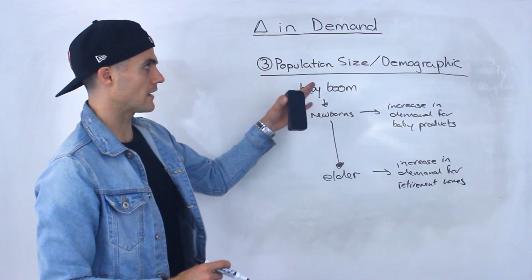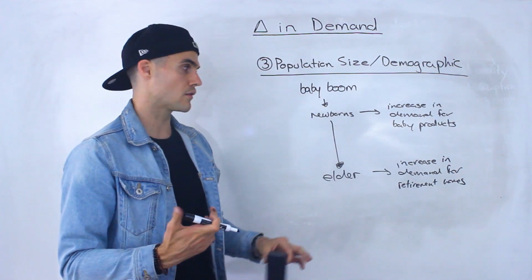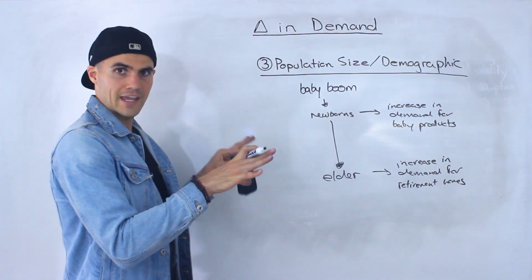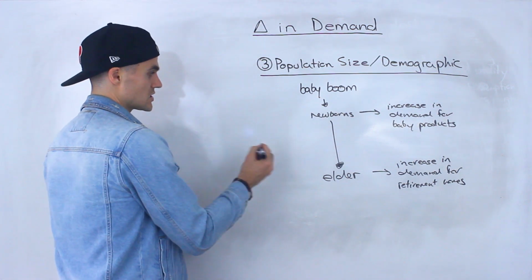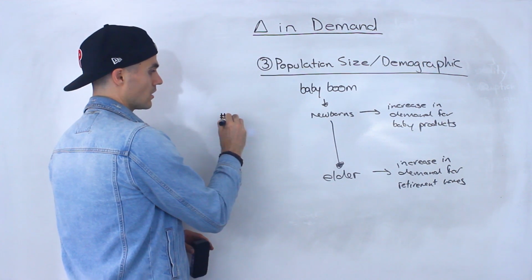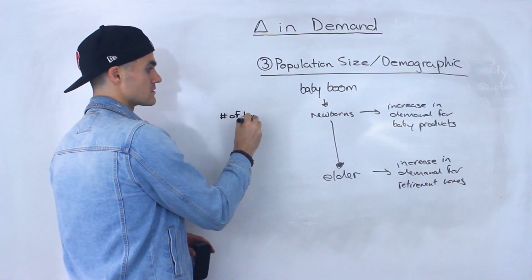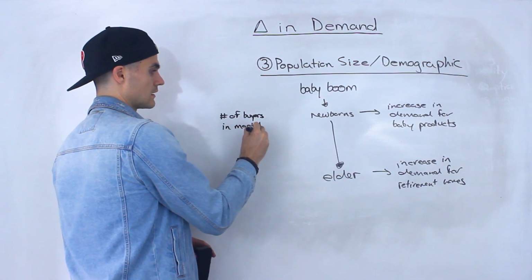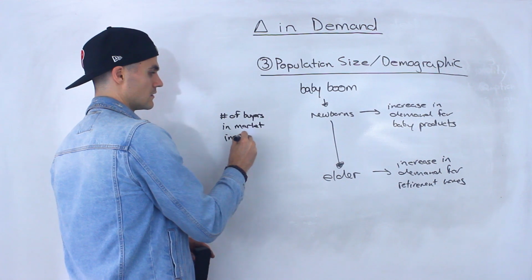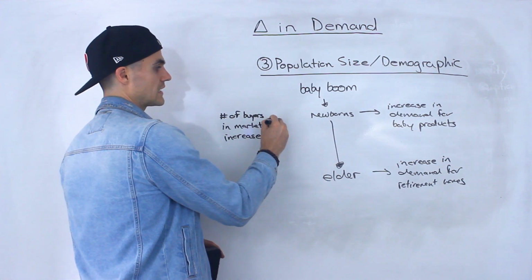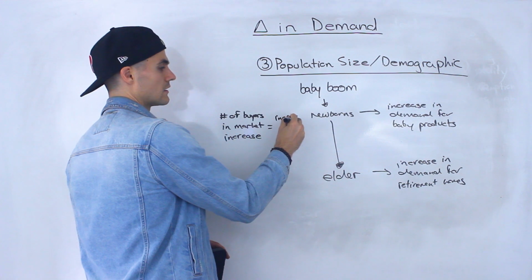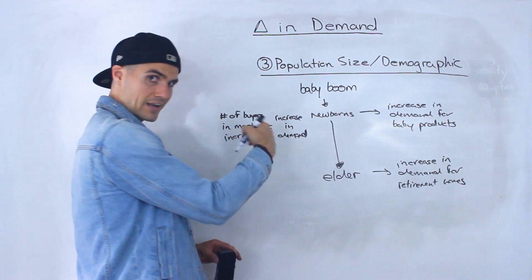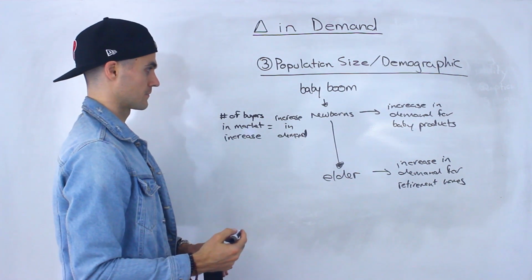Okay, so it could also depend on the population size or the demographic that you are looking at. So you got to look at it on a case-by-case basis, but just in general, as the number of buyers in a market increase, then there's going to be an increase in demand for products and services in that market, right?